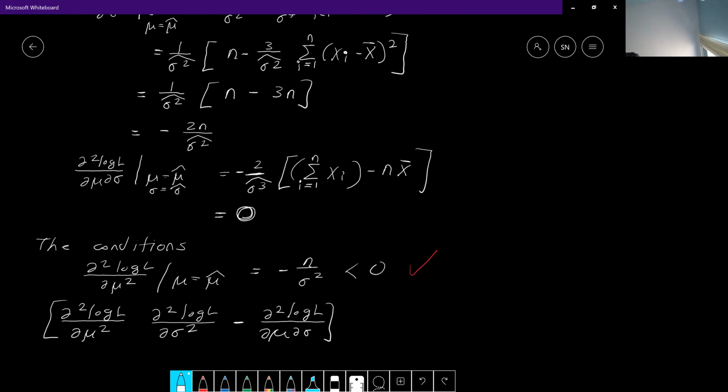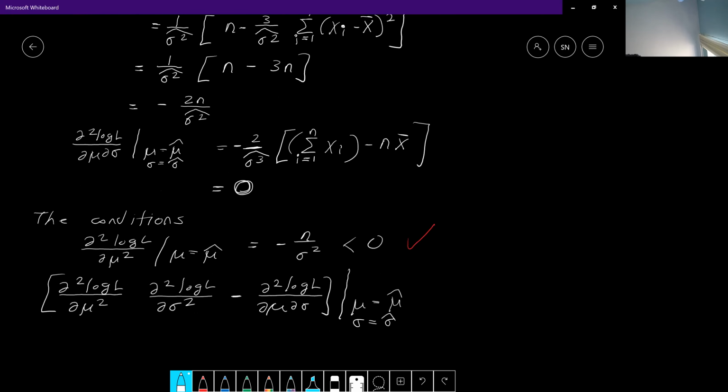And the second condition is the following, that this thing here at mu equal to mu hat, sigma equal to sigma hat, must be positive. Let's see what it is now. The first term is clearly equal to minus n over sigma squared.